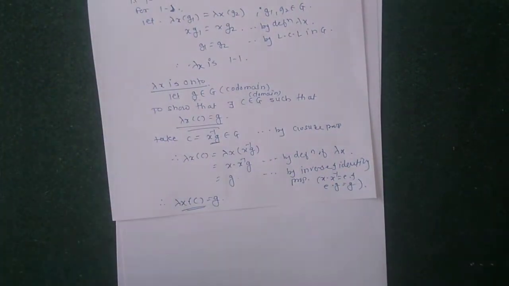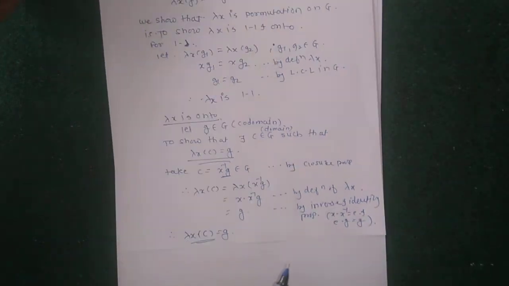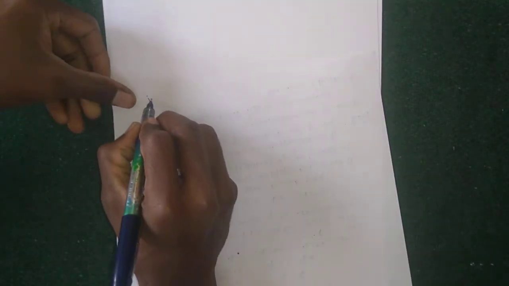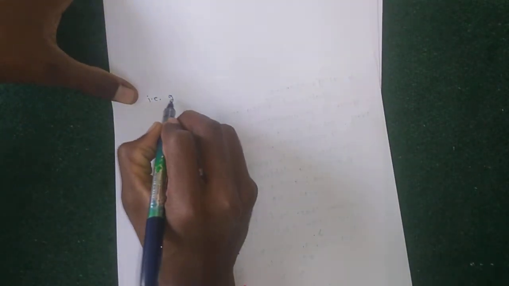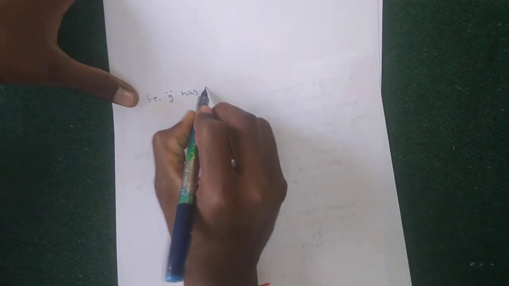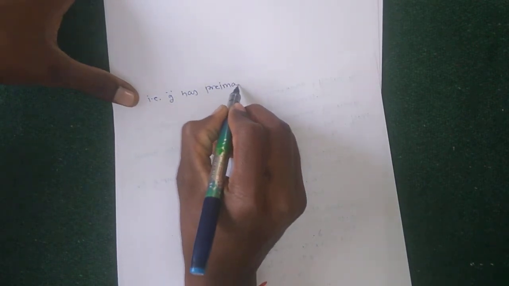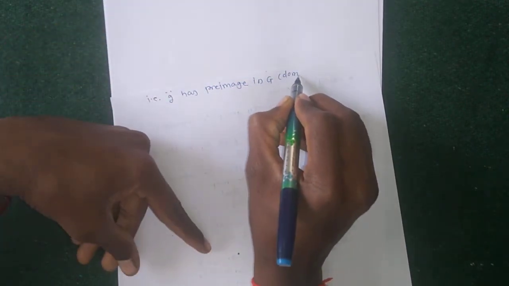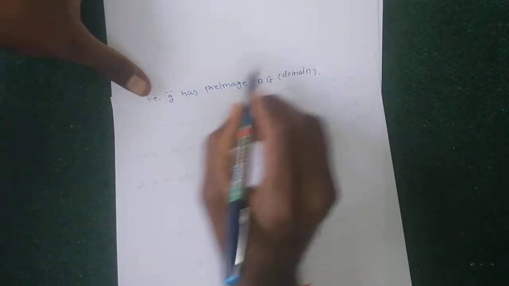So by the definition of onto, lambda x is onto, that is, g has a preimage in G, meaning the domain.